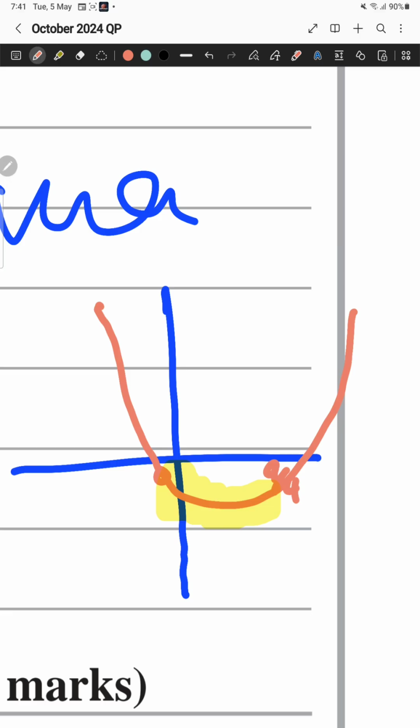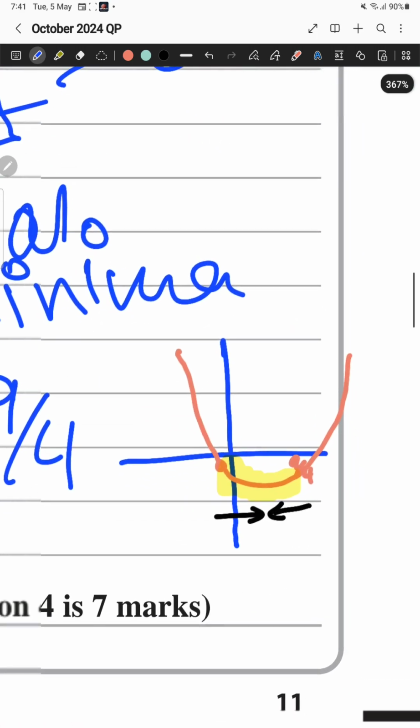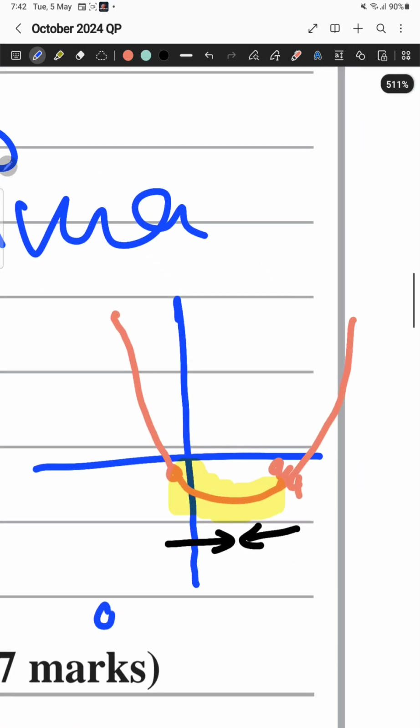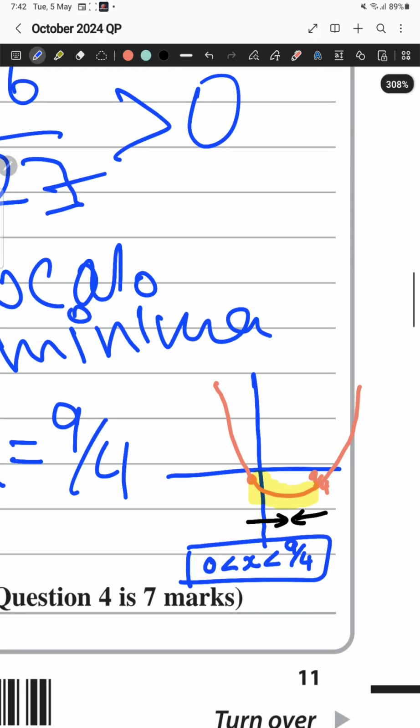So we are looking for the x values between here and here. So our final answer is going to be 0 is less than x, and x is less than 9 over 4, because it's towards the right. And this is going to be our final answer.